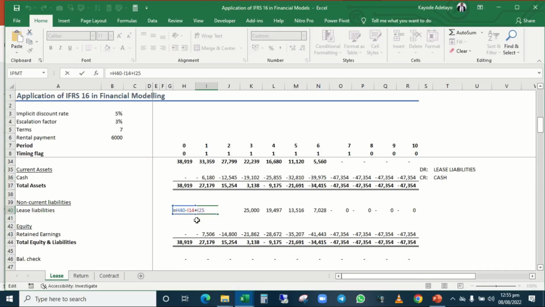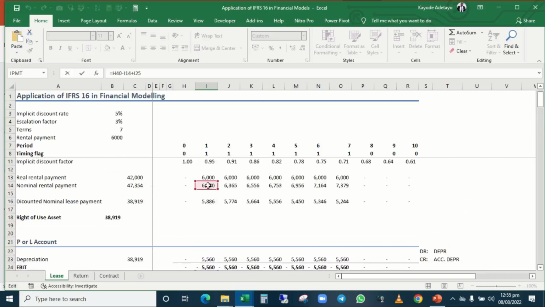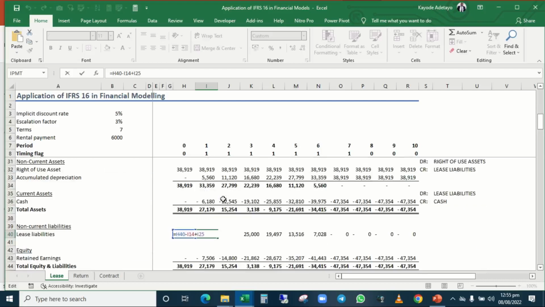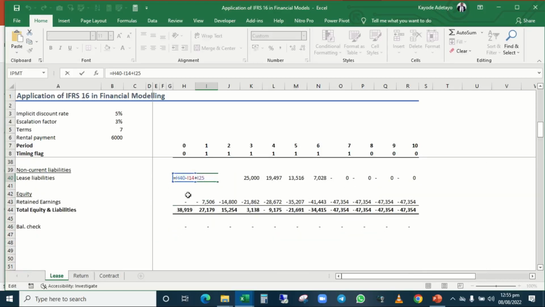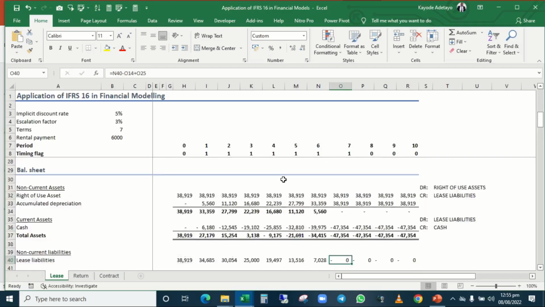So you can see the movement there, that it is this lease payment that is actually reducing the value of the lease liability. And that goes up to year 7 where it becomes 0.